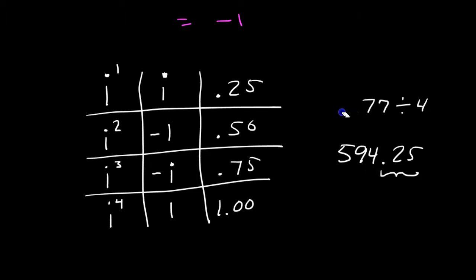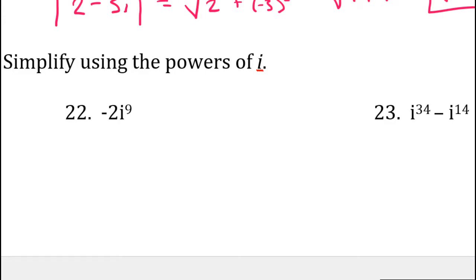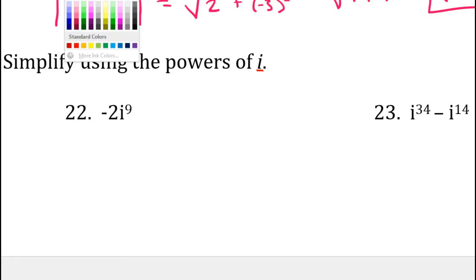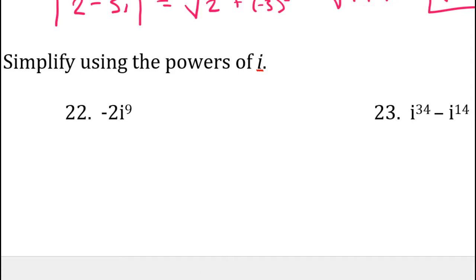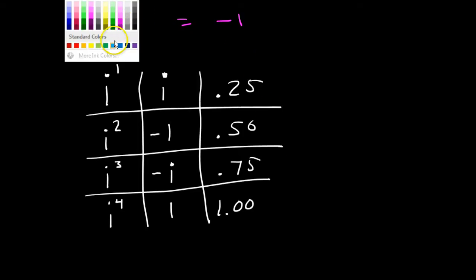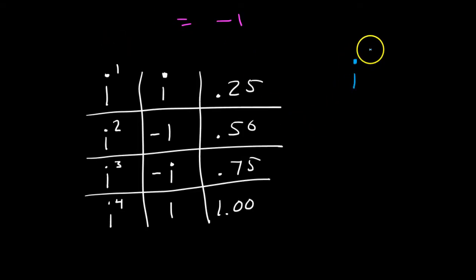Now let's apply that to the problems on this paper. So I have i to the 9th power. First of all, 9 divided by 4, you probably don't need a calculator for this, is 2.25.